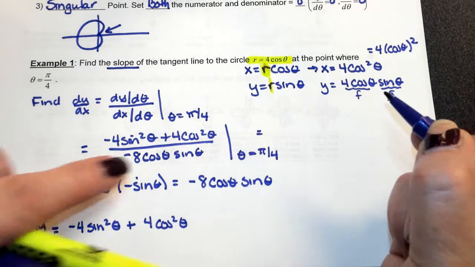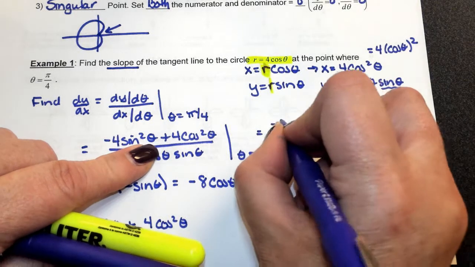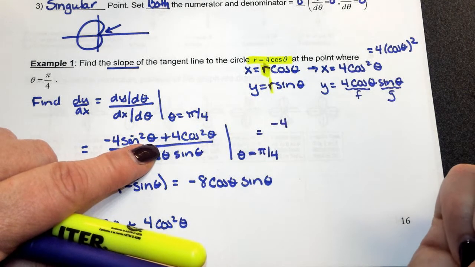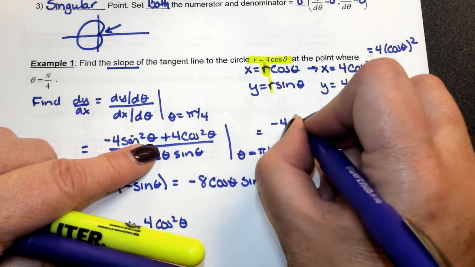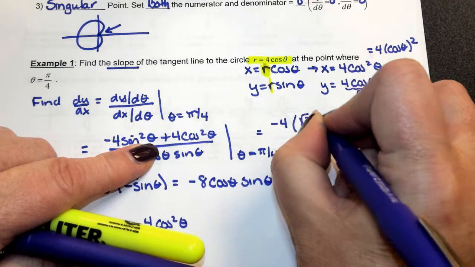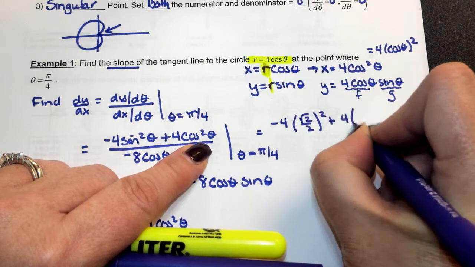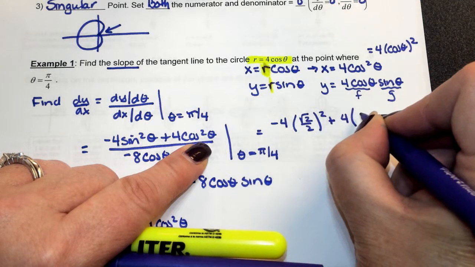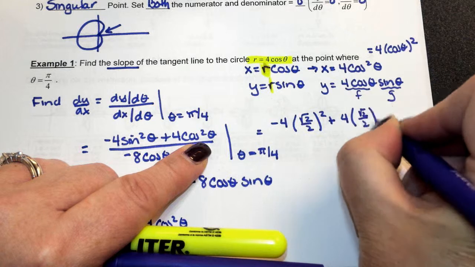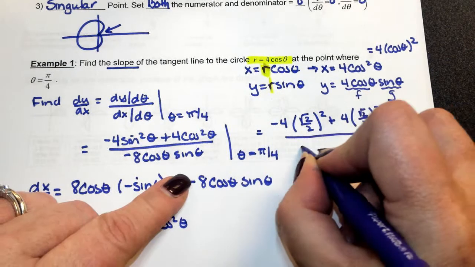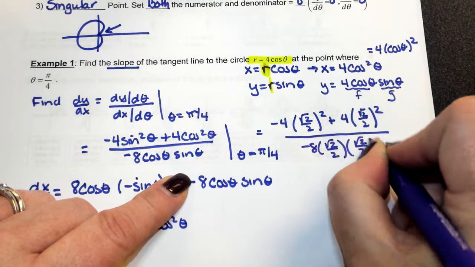So now I'm going to plug pi over 4 into this expression for theta. So I have negative 4. By the way, what is the sine of pi over 4? Square root 2 over 2. So negative 4 times square root of 2 over 2 squared plus, again, cosine of pi over 4 is square root 2 over 2, also squared, all over negative 8 times square root of 2 over 2 times square root of 2 over 2.